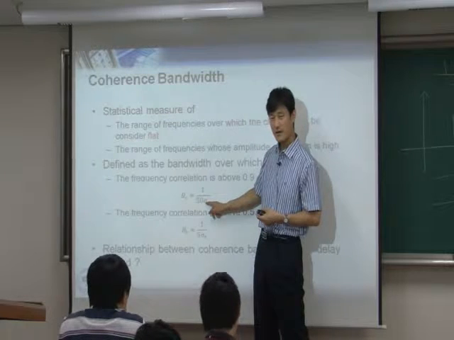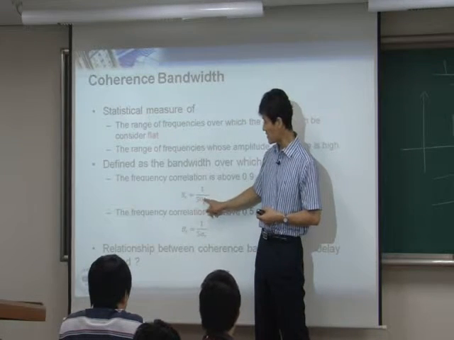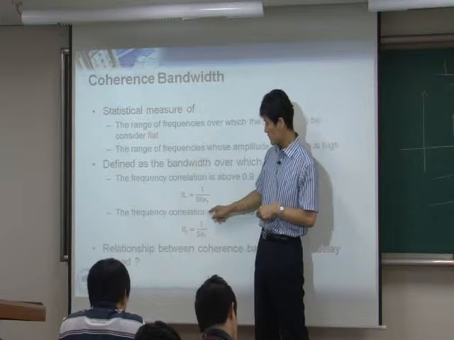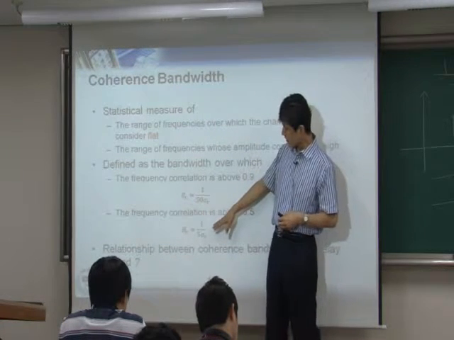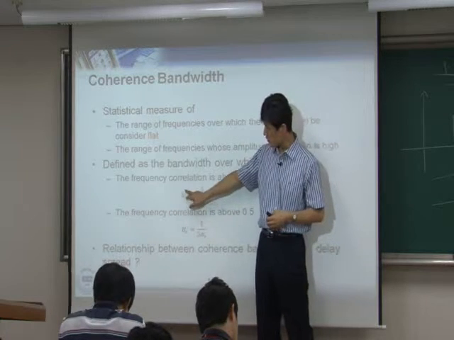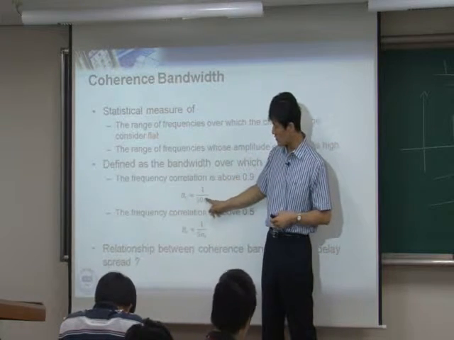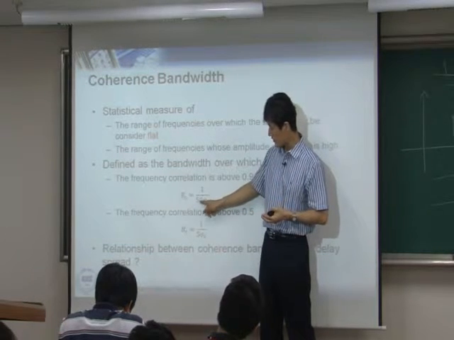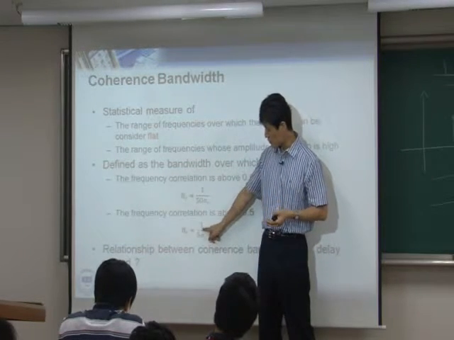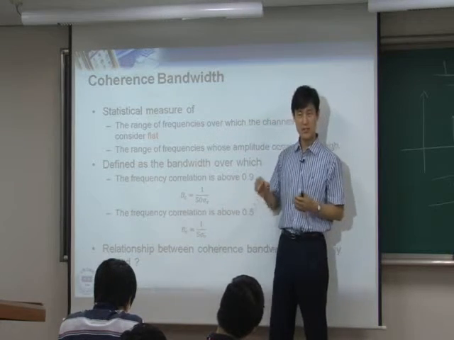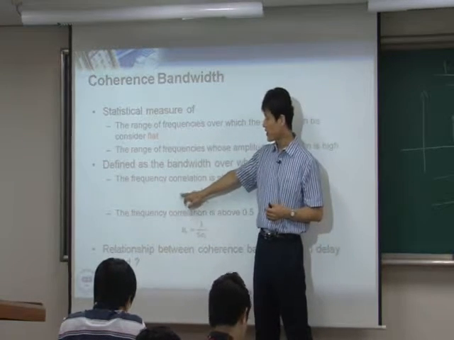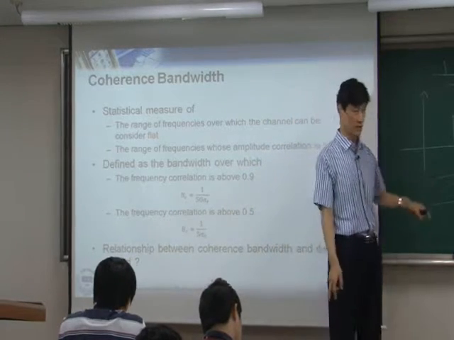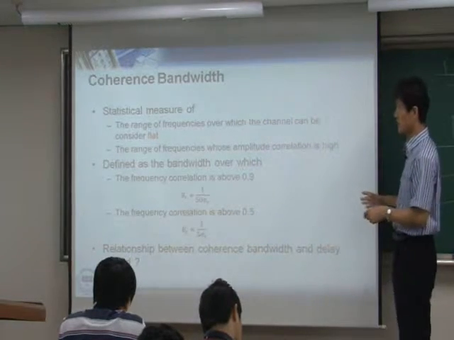What is this one? Sigma tau, this is the delay spread. So regardless of any equation, your coherence bandwidth is inversely proportional to the delay spread. Some people use 1 over 50 as a coefficient, some others use 1 over 5. Doesn't matter. What is important here is your coherence bandwidth is inversely proportional to your delay spread, as we just looked at. Okay? So that's an important thing.